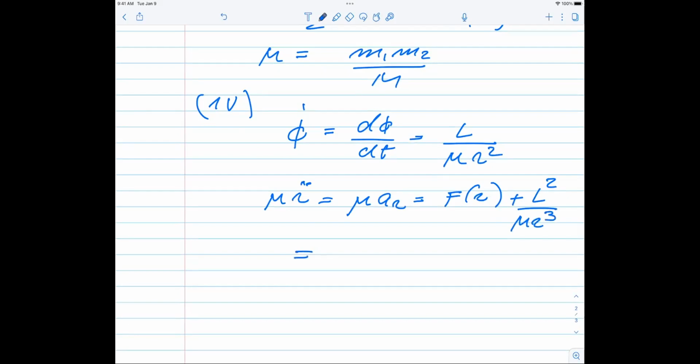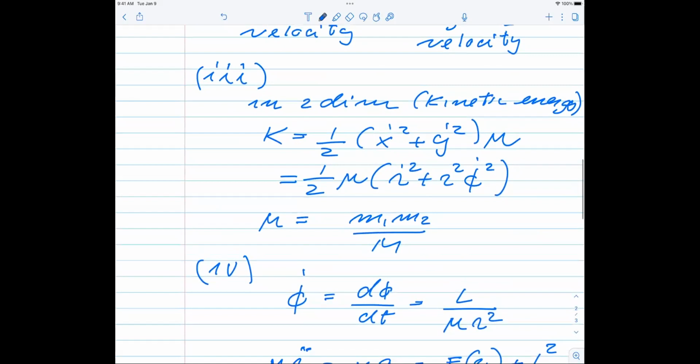And we call this an effective force, where this angular momentum term actually comes from the kinetic energy. So when we had the expression for the kinetic energy, what we did was to go back to the expression which you see here, this one. And since we know that the angular velocity is proportional to the angular momentum divided by the radius squared, then we isolated terms which depend on the radius only.